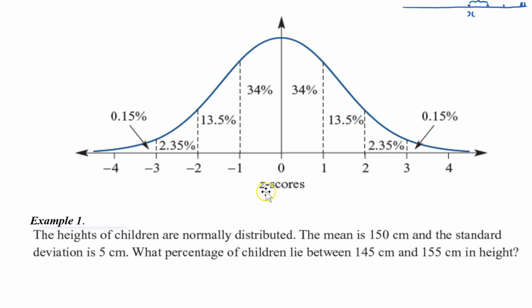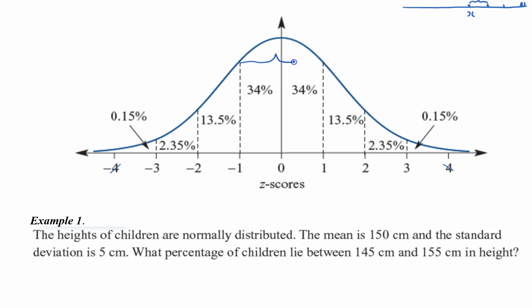So rather than talk about 1 standard deviation, we're going to say 1 Z-score above, 2 Z-scores above, 3, 4 and so on. We rarely talk about 4 and we rarely talk about -4. Now, what do these numbers represent?